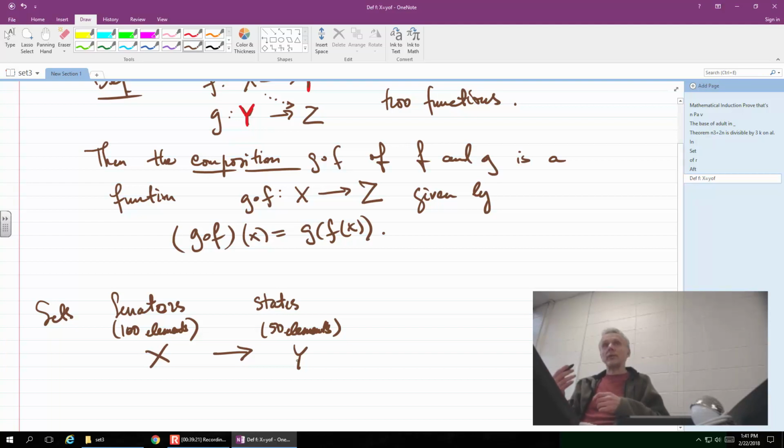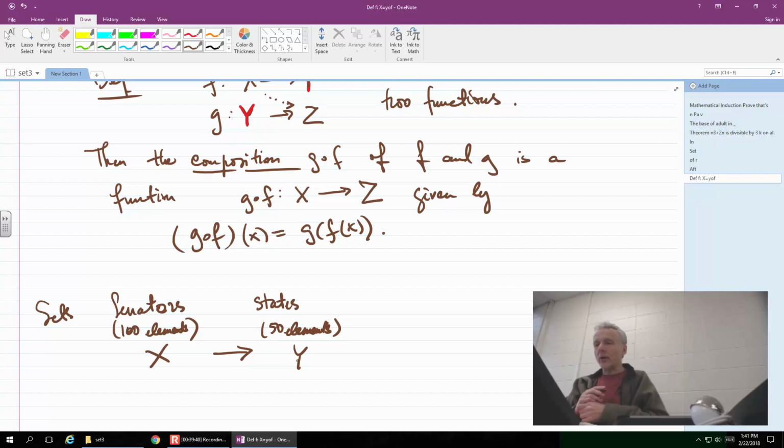It would not be a function because it would have two outputs for one input. But this way, one senator represents only one state, but every state is represented by two senators. Okay, so that's the problem.